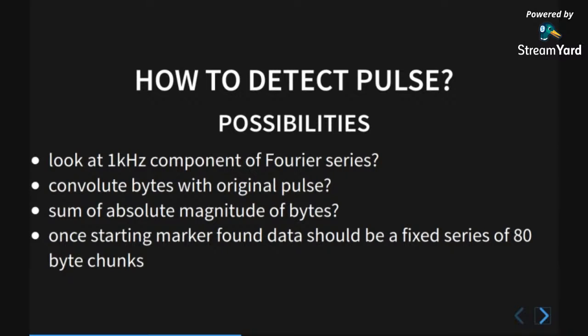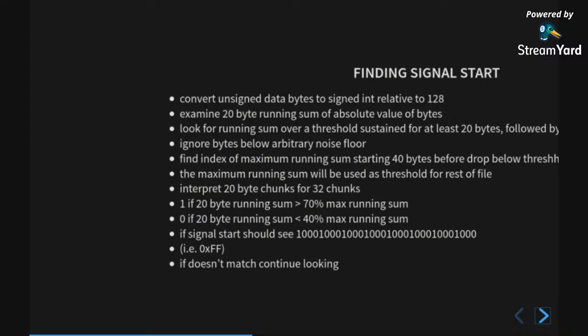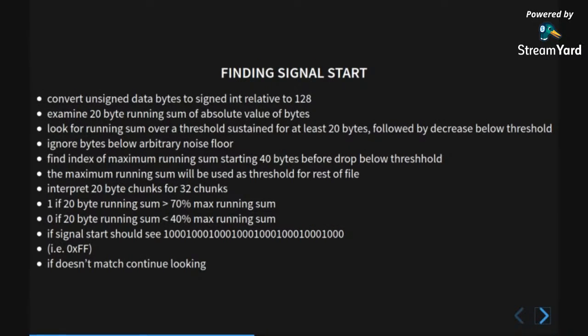I guess the first tricky bit is to scan through and find the marker, but once I get that, it should be 80 byte chunks, 20 byte pulse, and 60 bytes of silence. So to find the start, you basically take the unsigned data, make it into ints, and then I look at the running sum of 20 bytes, and I take the absolute value, and I just chose some arbitrary threshold for, hey, there's possibly something there.